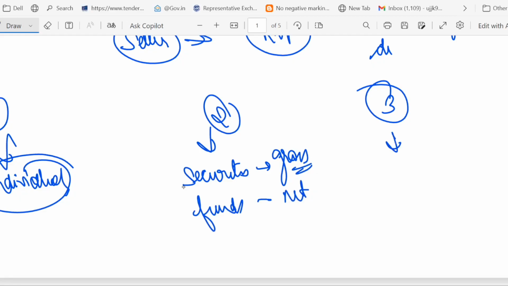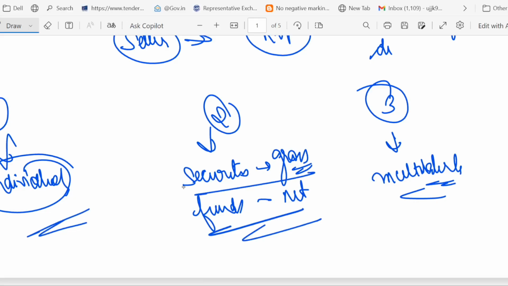And in model number 3, both are netted multilaterally for efficiency. So 1, 2, and 3. Model number 1, both are settled individually. Model number 2, securities are settled gross, funds are netted. And in model number 3, both are netted multilaterally for efficiency.